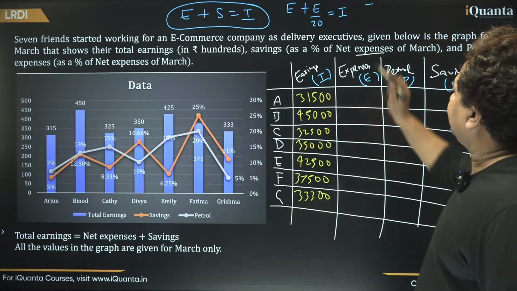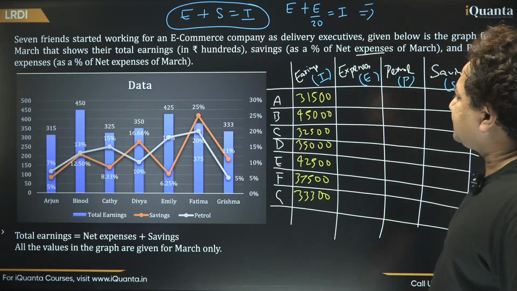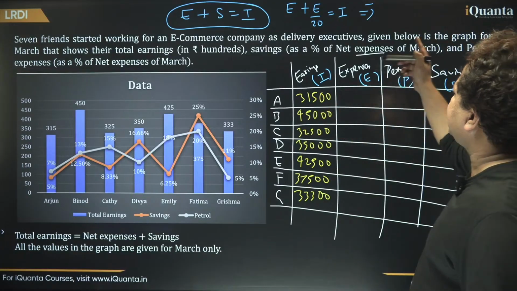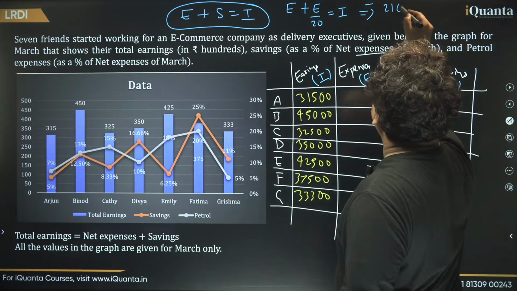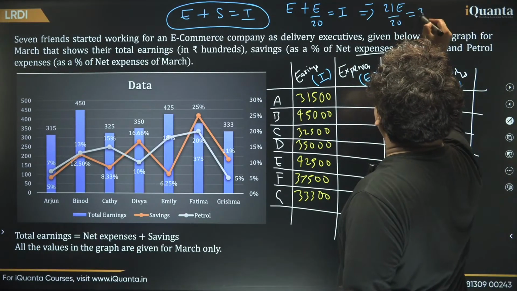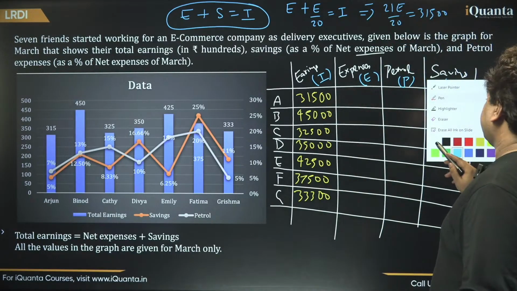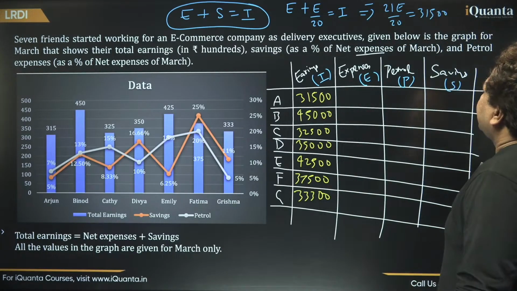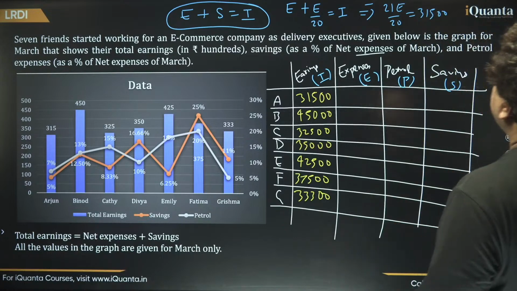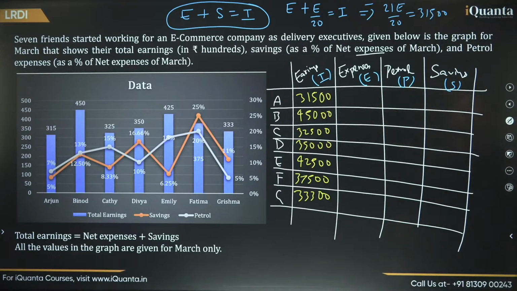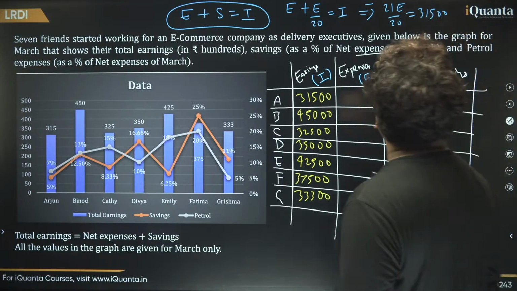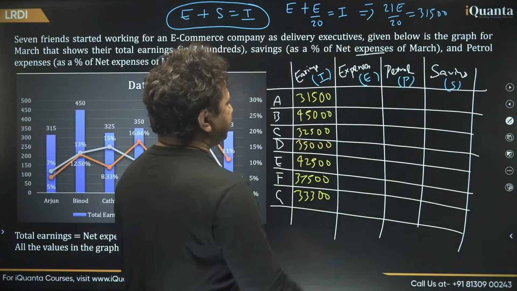Okay. Let us put the values and get the answer. So for Arjun, it is 31500. Let's solve it. I'll get 21 E by 20 is equal to 31500. So what do we get? The 21 will cancel out completely, right? 15 times 1500, so 30,000.